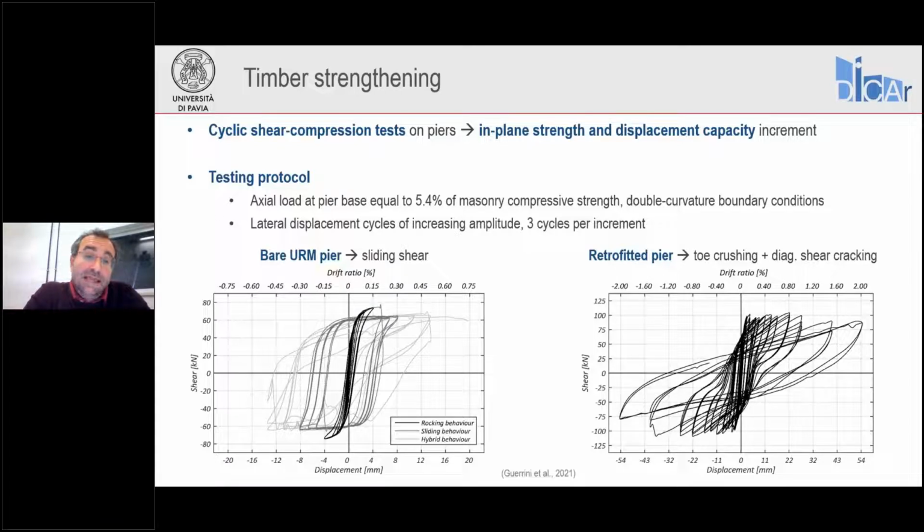Now, in the case of the unreinforced element, we developed a sliding shear mechanism which led to the failure of the specimen, while when we applied the timber retrofit, the failure mode was mainly related to toe crushing, and only at the very end of the test we developed diagonal cracks, probably also due to the reduced section because of toe crushing, over which all forces were transferred.